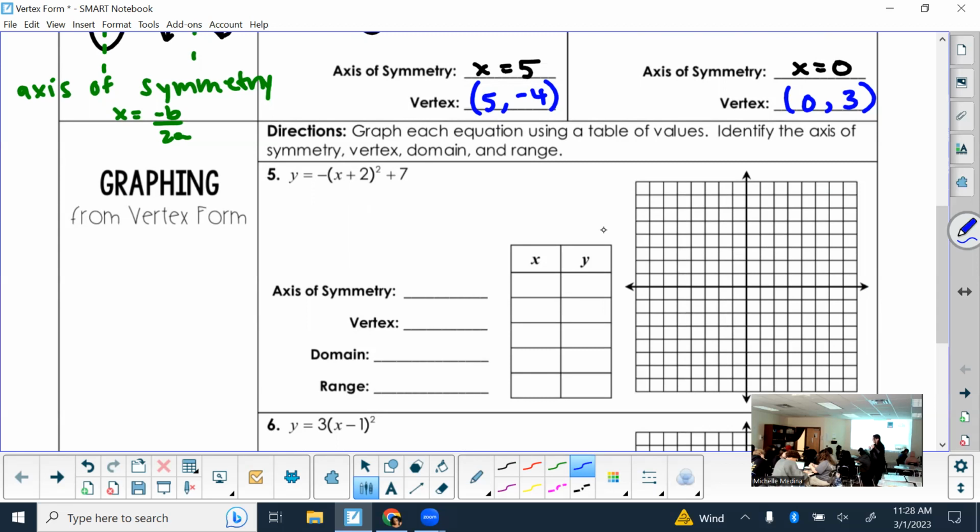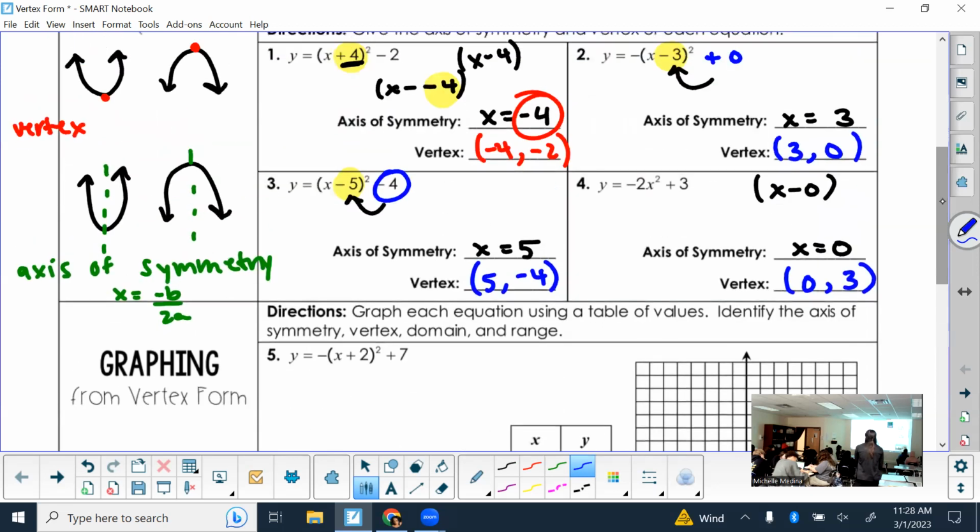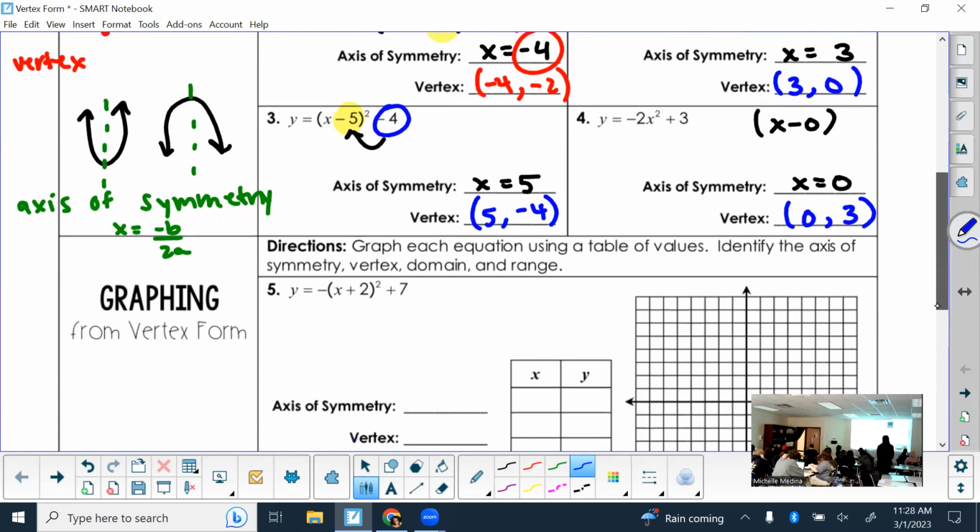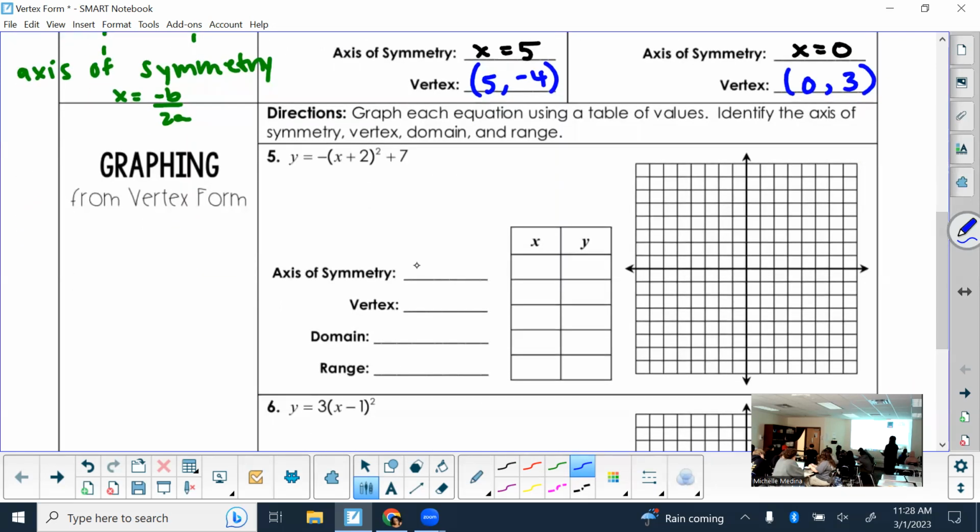Usually, yeah, you get to pick your x's. For these U-shaped graphs, you want them to be near wherever the middle of your graph is, right? So in other words, your axis of symmetry is probably a good start for what x's you should pick for your problem. But you should all be able to identify axis of symmetry now based on how it looks, because it's in vertex form.